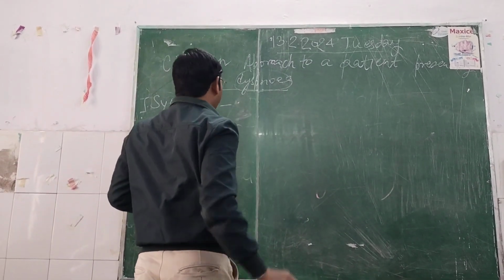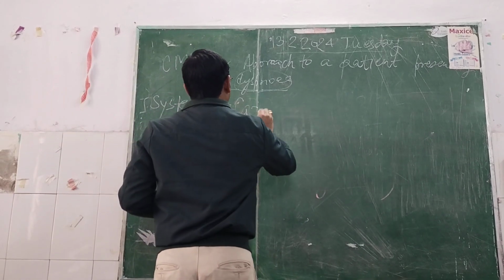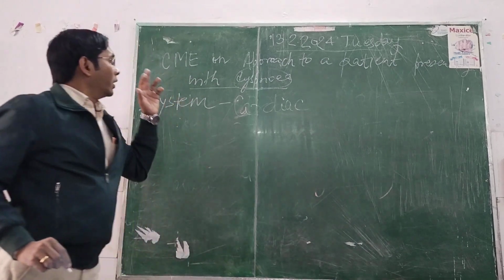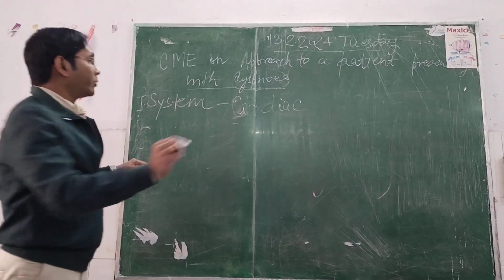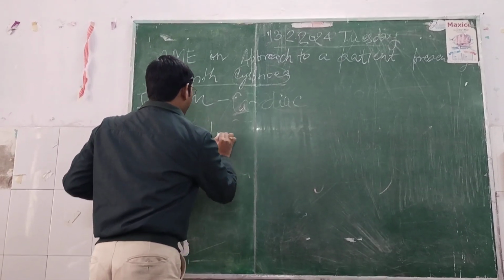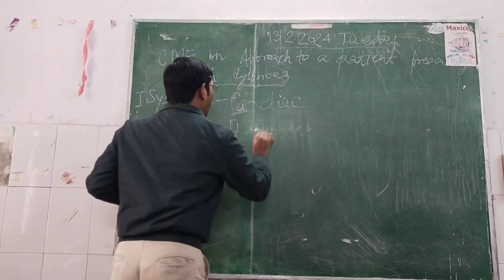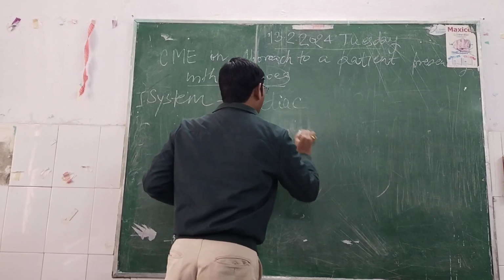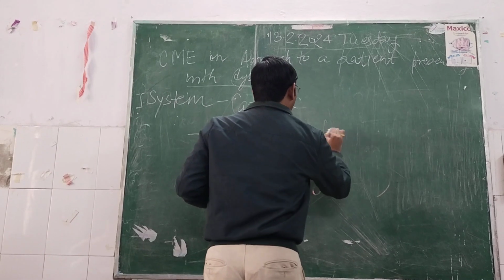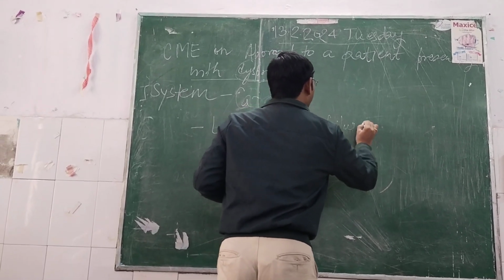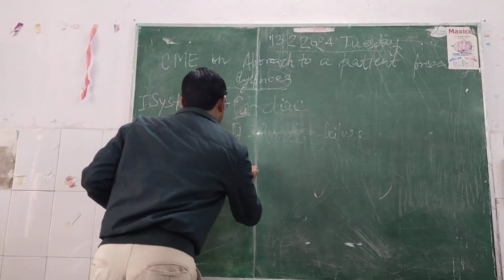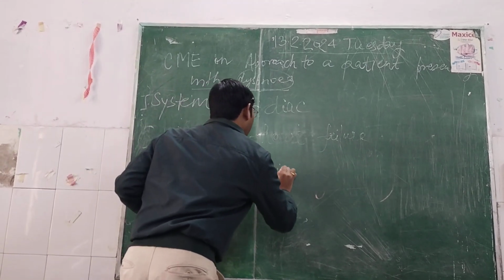Under cardiac system, the disease process can be left heart failure and pericardial disease.